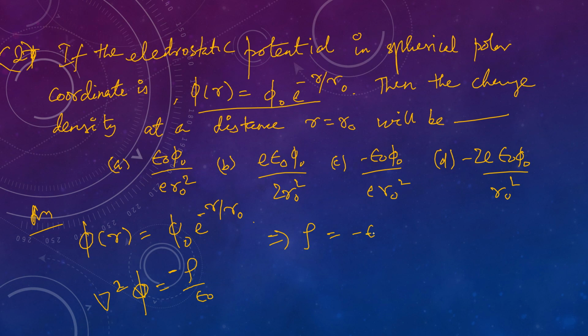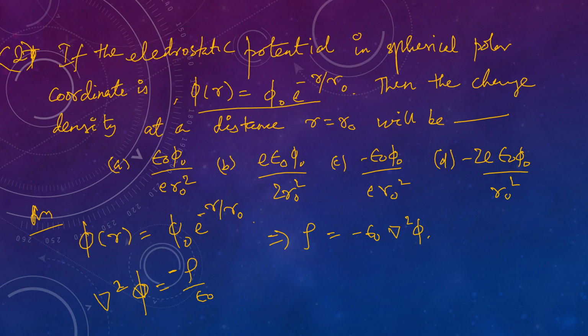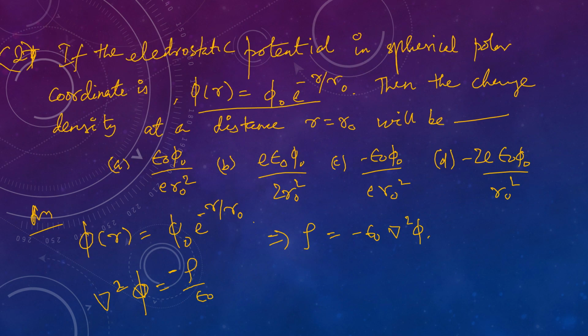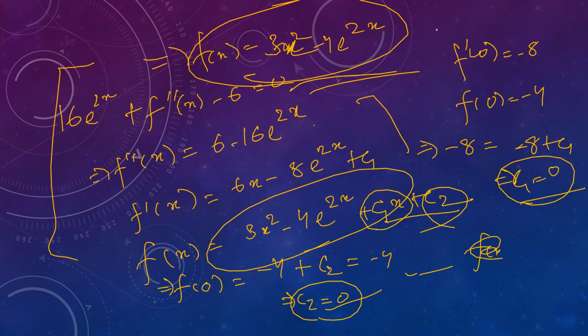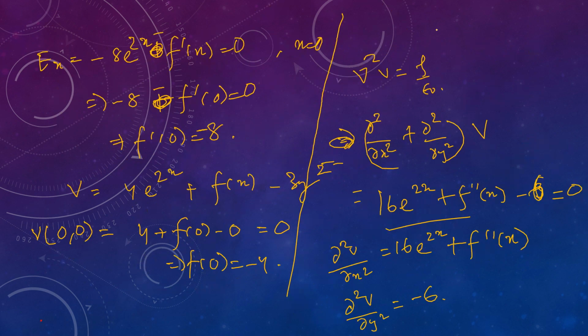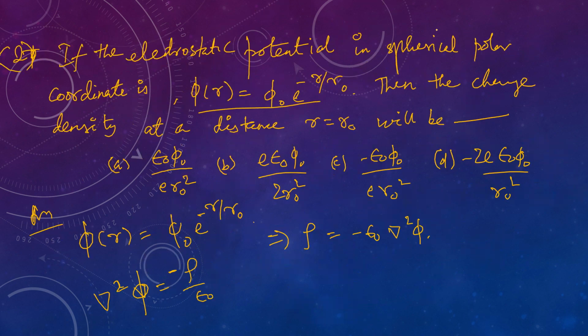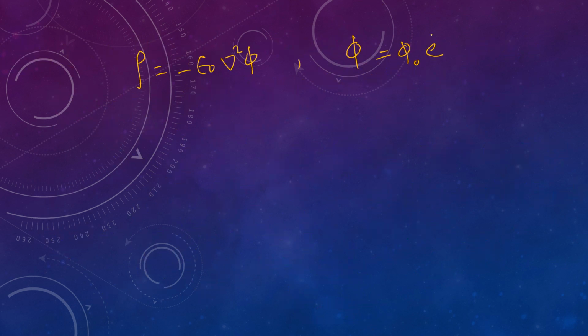So rho is minus epsilon naught del square phi, where phi is phi naught e to the power minus r by r naught.